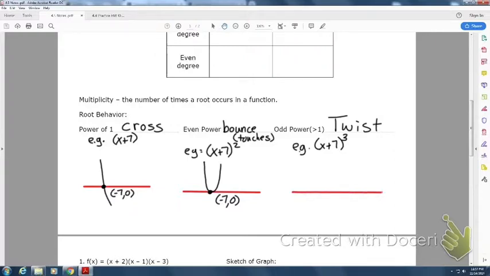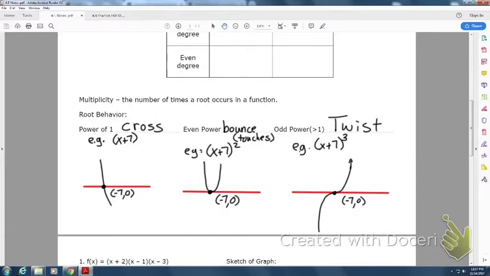Still going to be occurring at negative 7. The only difference is it's going to look like it's about to bounce off of it, but then it curves and keeps going up. Just like a cubic graph. So that's what we're going to call a twist.